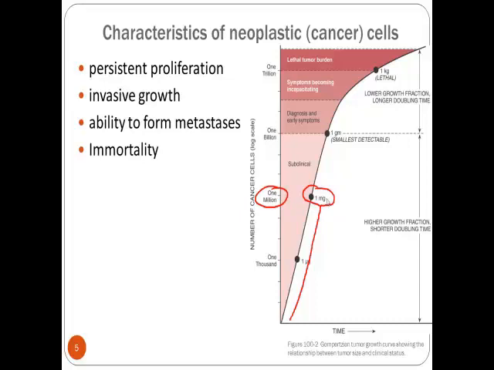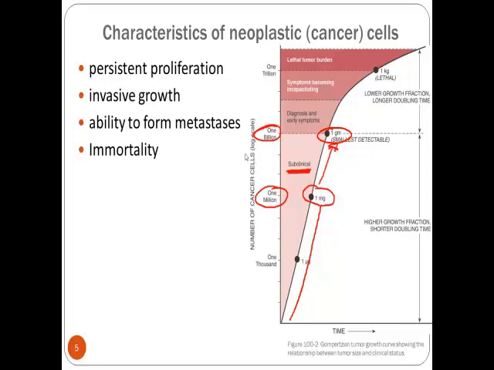You can't detect a cancerous growth at 1 milligram weight. This is part of the subclinical. Then it divides some more and grows until it becomes 1 gram, which is the smallest detectable cancer. But at 1 gram, the typical cancer contains 1 billion cells.